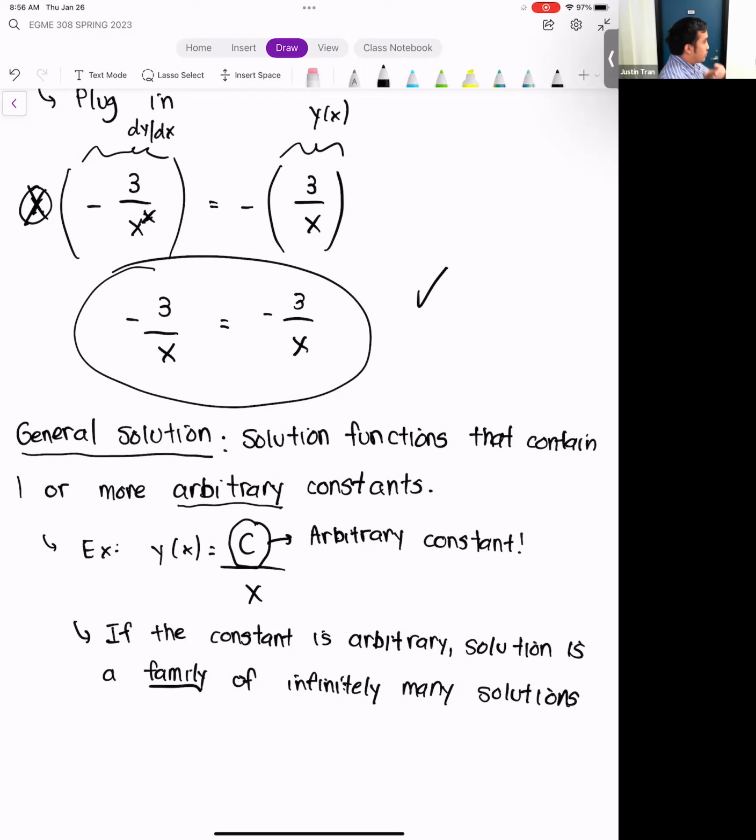So that's the general solution. Oftentimes, when you first solve an ODE, you're going to get a general solution, but the solution is only particular up to that arbitrary constant.